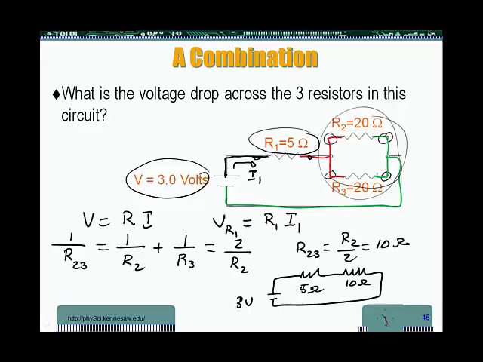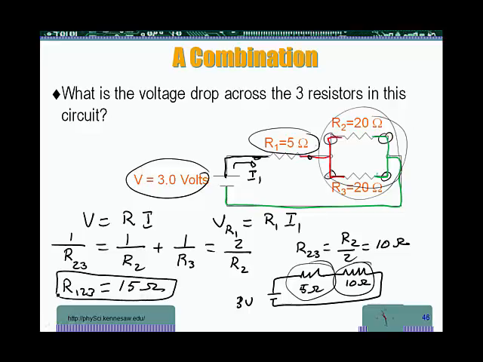So the overall resistance that is seen by the battery is going to be R123, which is the equivalent of these two resistances that are in series. The equivalent of two resistances in series, we get it by just adding them up. In this case, it's going to be 15 ohms. So the battery is seeing 15 ohms.